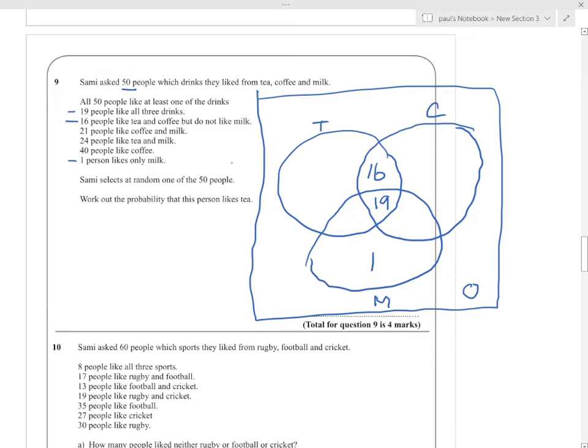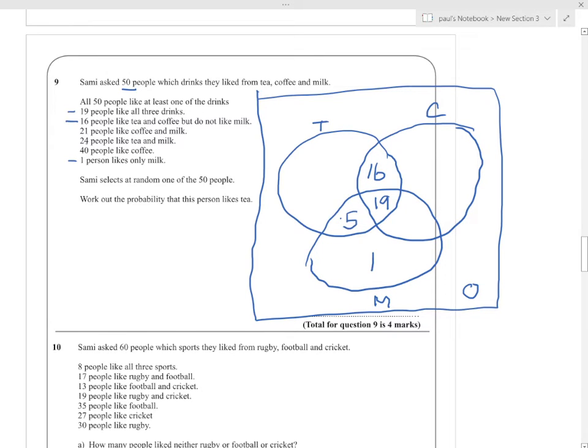24 people like tea and milk. Right, so we've got 19 here that like tea and milk. So 24, take away the 19 is 5.